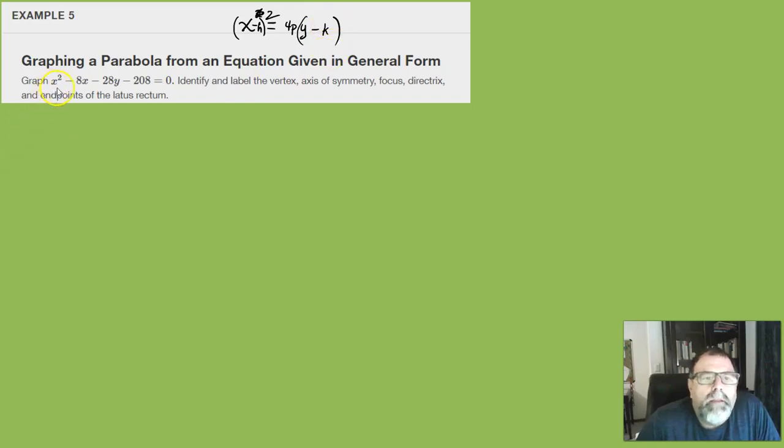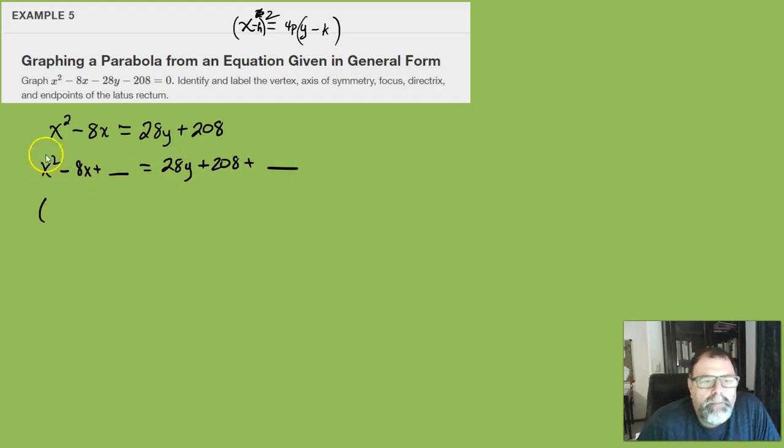So I want to get the x squared and x term on this side, everything else on the other side. So add 28y, add 208. Now I want to complete the square. So x squared minus 8x plus blank, equals 28y plus 208 plus blank.